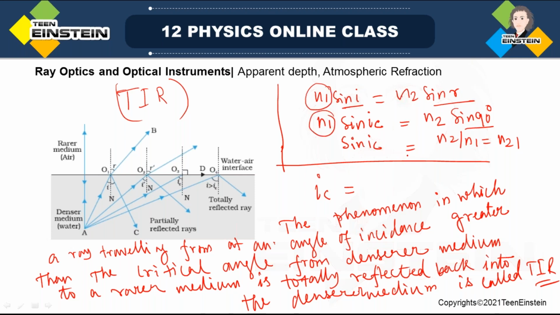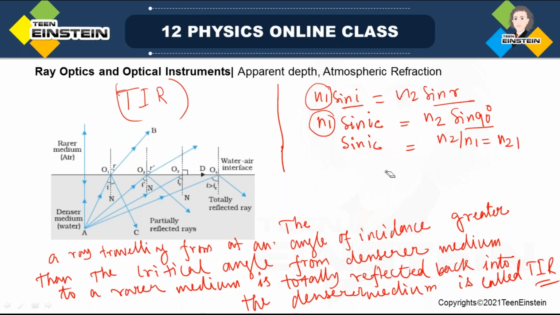Suppose the denser medium is water, so N1 is NW, and N2 is air, which has a refractive index of 1.